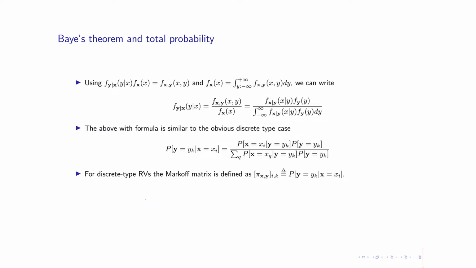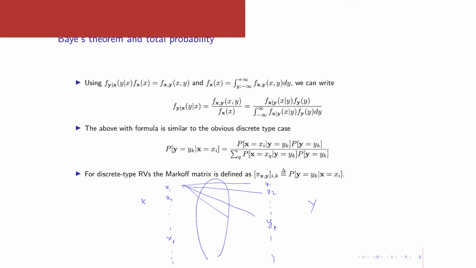Let's say x is the input, and it can take x1, x2, etc., and xi, etc., and y is another random variable which can take y1, y2, and then yk, etc. Then you have a matrix that determines these probabilities. This is called either the transition matrix or the Markov matrix. This is just a notation for your knowledge.